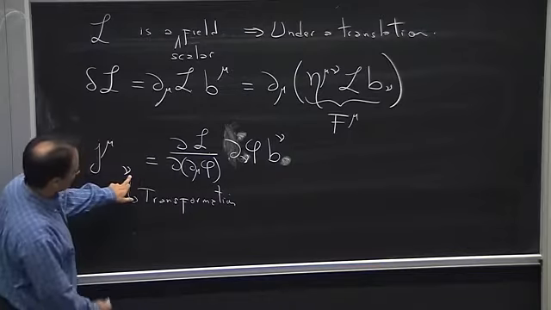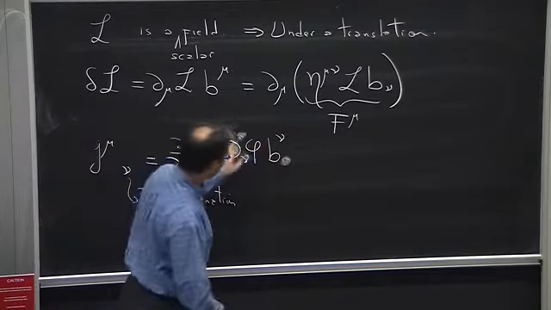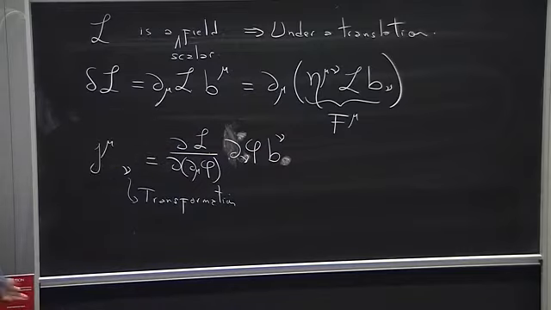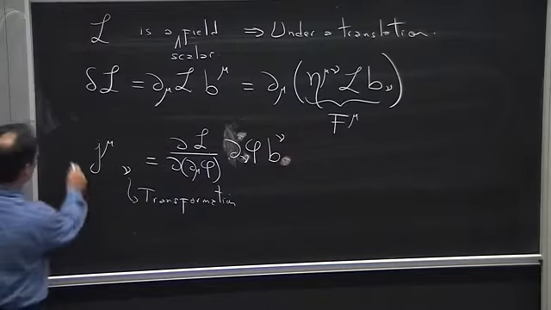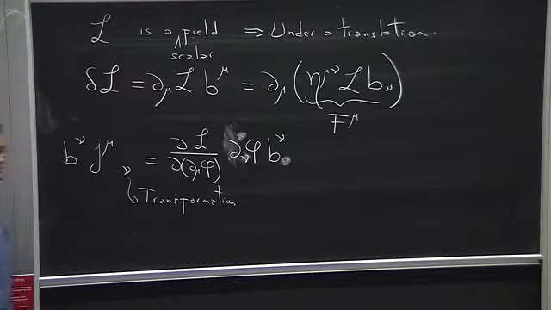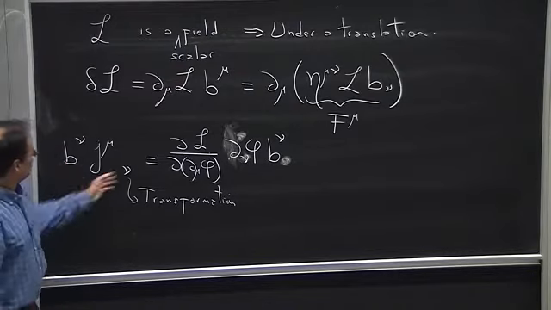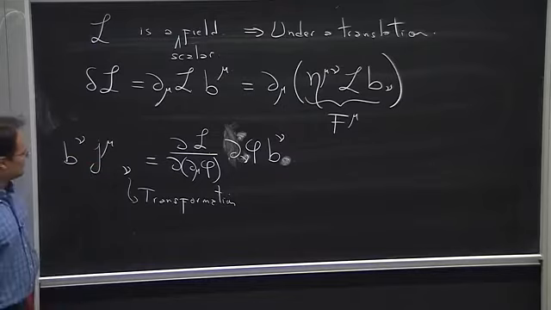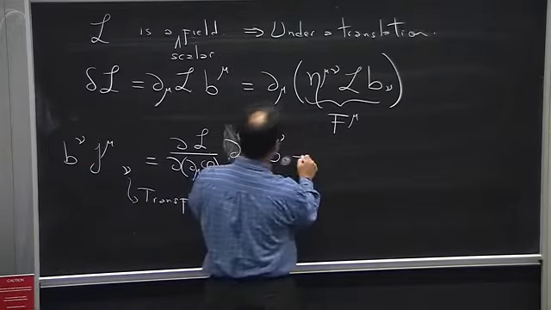Sorry, now there is this index, and this index doesn't appear here. So what do you think I should do? One thing that I could do is to put a B nu here, to collect everybody together into a single object. Then I have to subtract this.